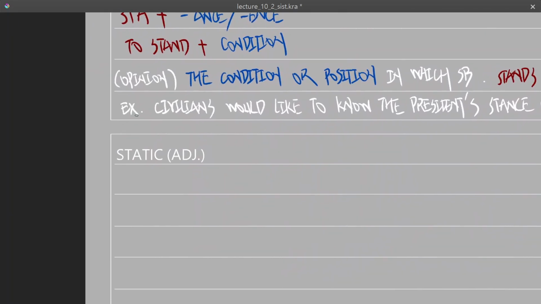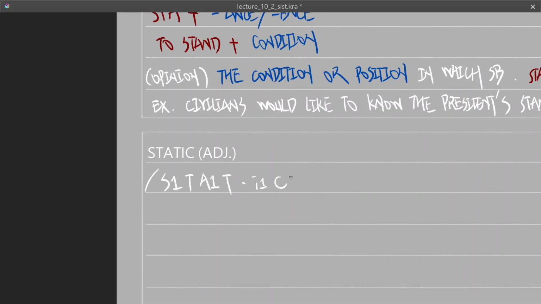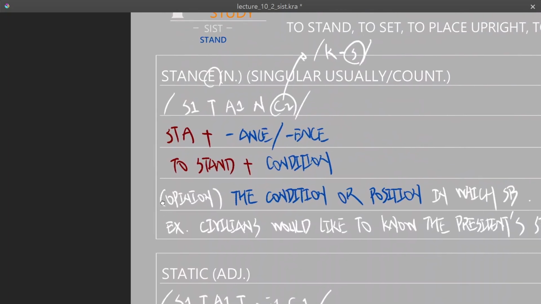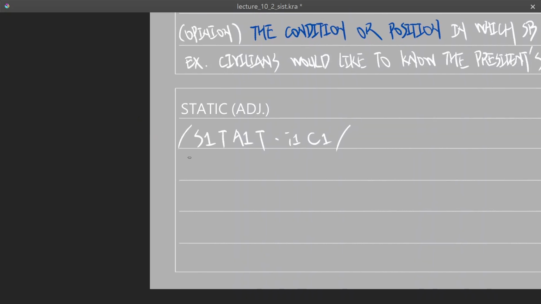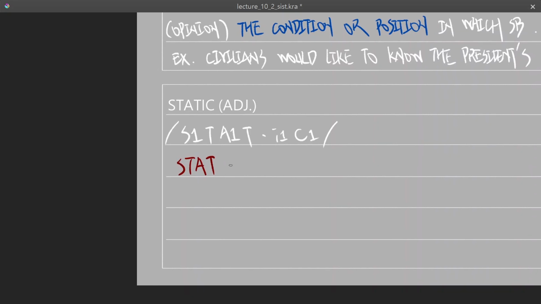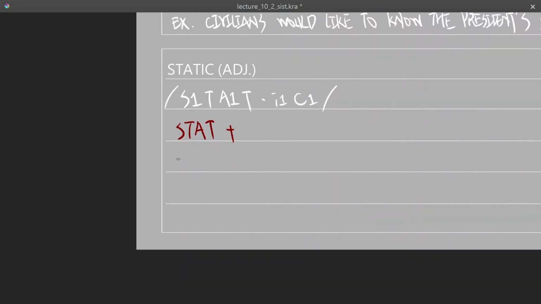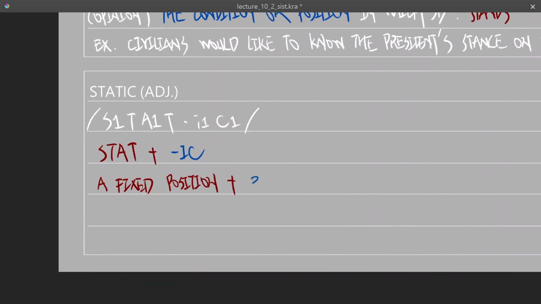All right. Next, we have static as an adjective. Static. And we have the root stat, meaning a fixed position, and the adjective suffix ic, meaning relating to something.